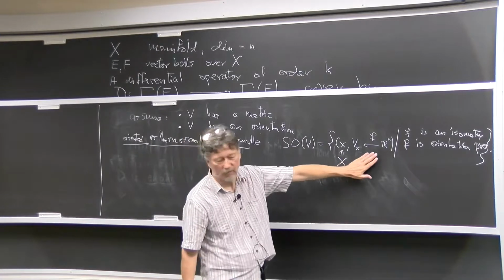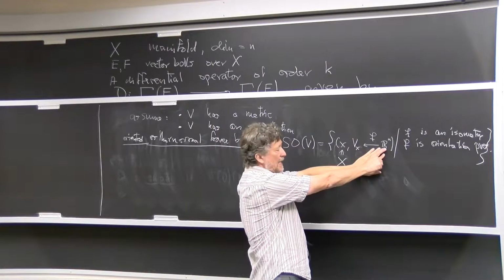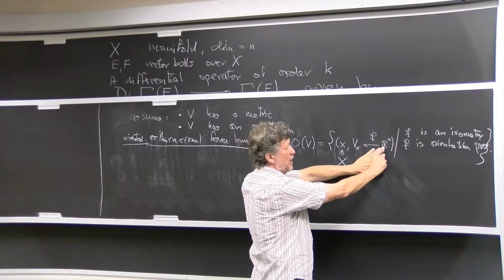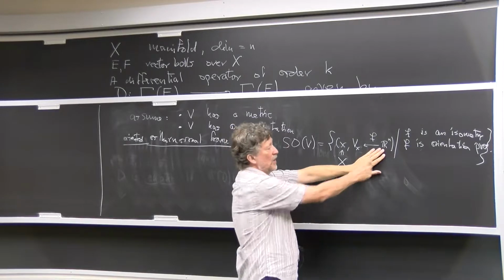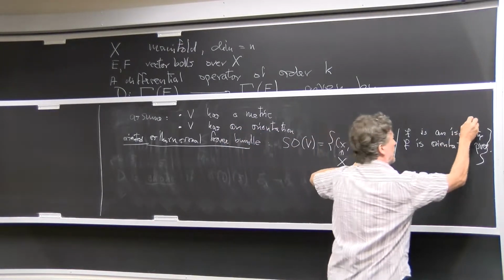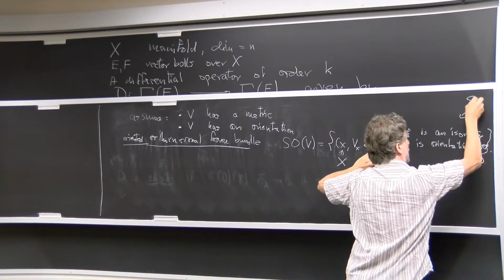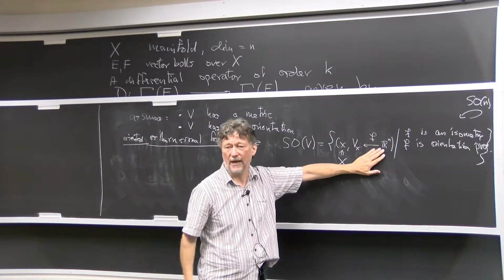I find this way of writing it convenient, since then it's sort of obvious that if you have any automorphism of R^n which is an isometry and orientation preserving, then you can precompose with that to get a new frame. So in other words, you have an action of the group of orientation preserving isometries on R^n on that.